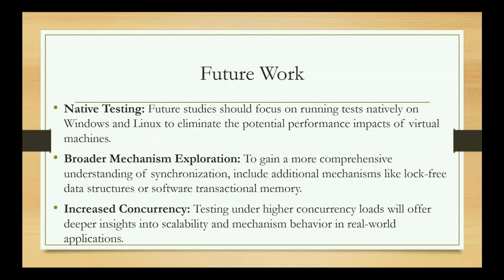We used the actual hardware for the Mac, but we had to run Windows and Linux on a parallel virtual machine, which we feel could have introduced some performance overheads that do not exist in the native environment. So future work should include testing each operating system in its native environment to eliminate the influence of virtualization. And this, we believe, will provide a more accurate comparison of synchronization mechanisms.